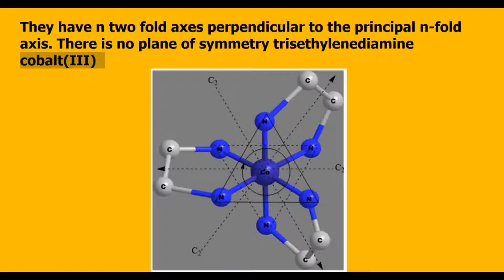So when I rotate this molecule around the C2 axis, if I take this C2 axis, then the molecule will be turned upside down, but the appearance will remain same. So you will see that this molecule contains C3 as a principal axis and 3 C2 axes.